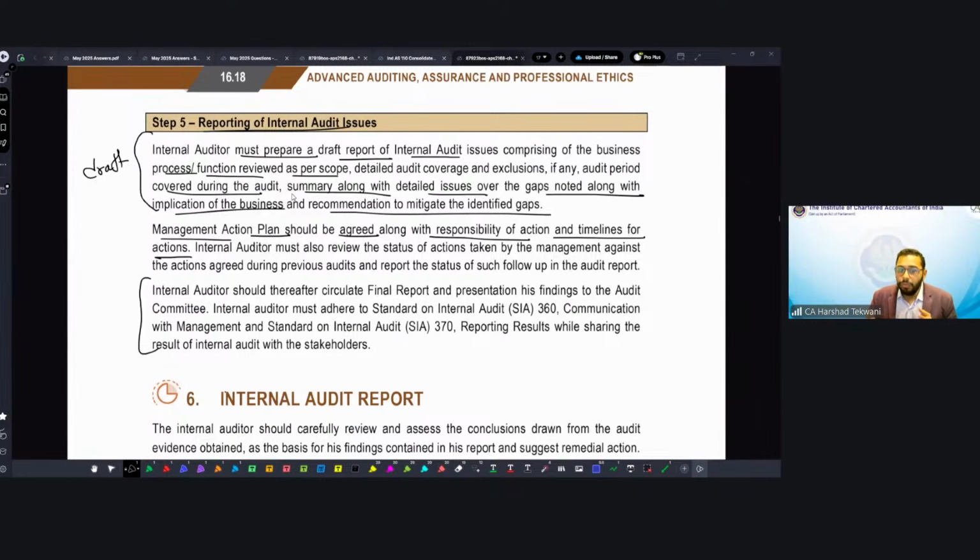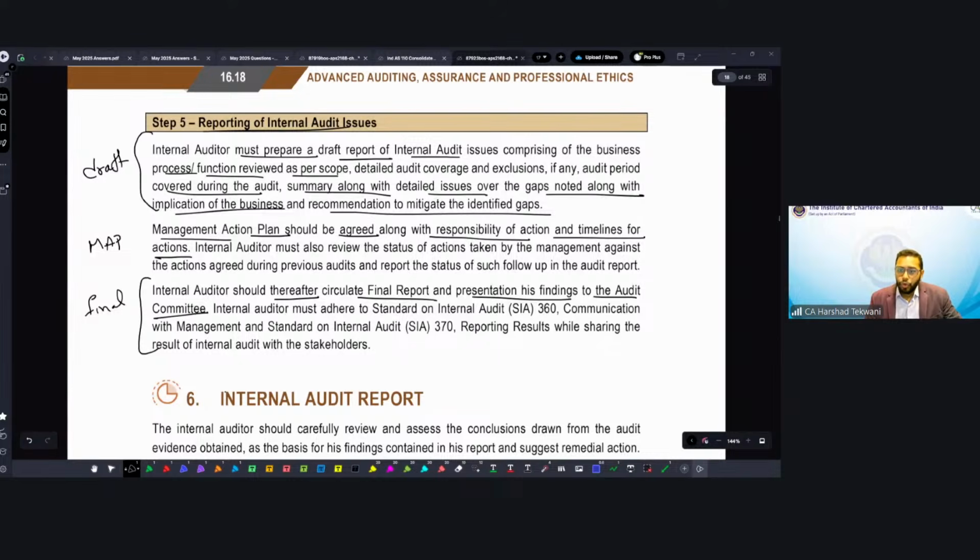Once you agree on the action plan, thereafter you circulate the final report and present your findings to the audit committee. So first draft, then management action plan, then final. This is the procedure you need to follow for issuing the internal audit report.